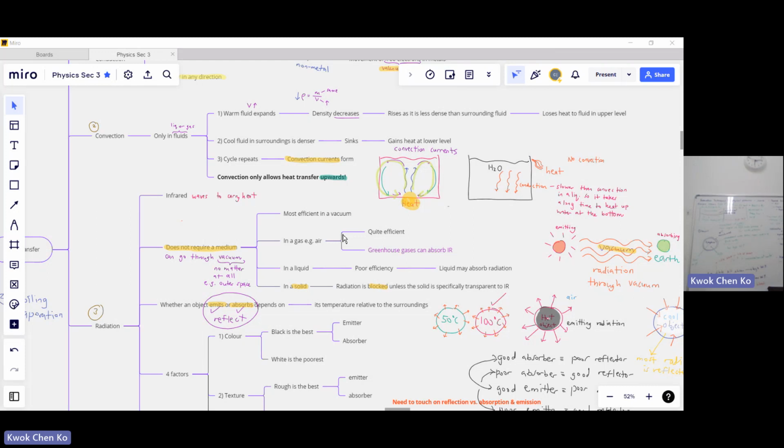So at equilibrium, that means the pressure on the top is equal to the pressure on the bottom.